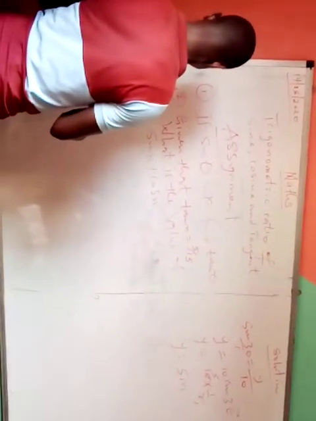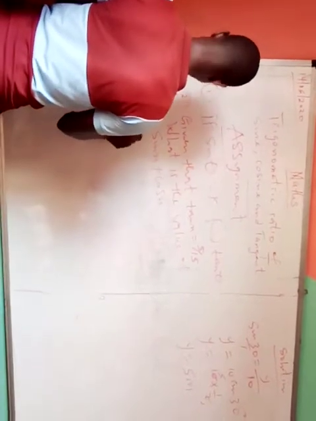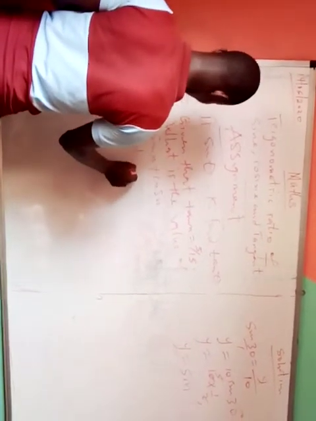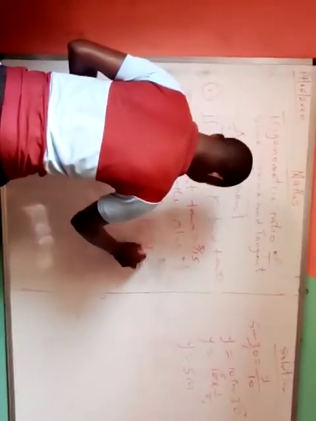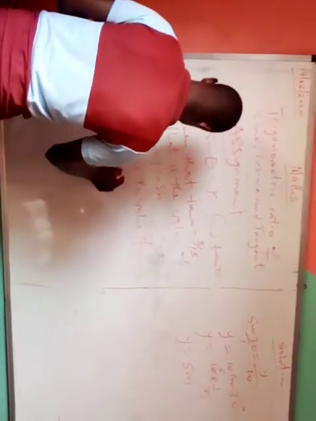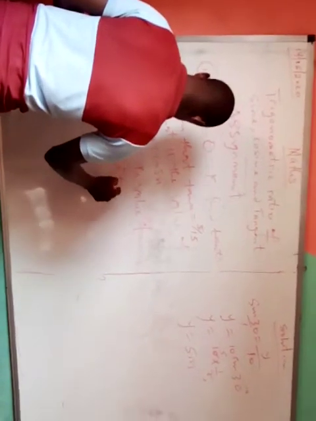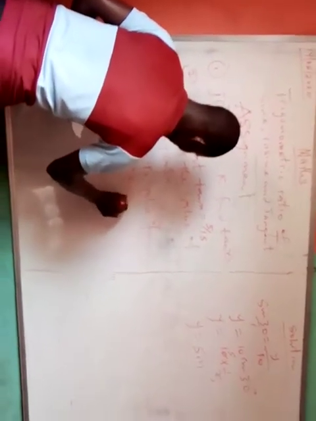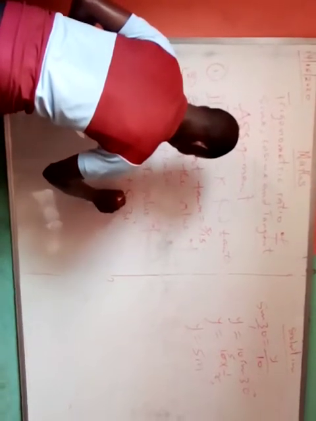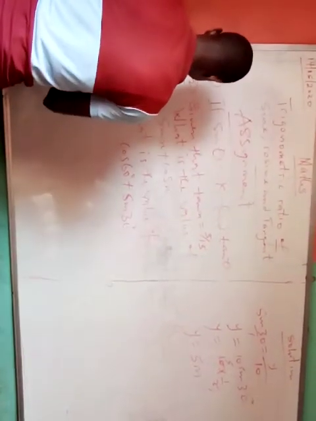Then can I check one or two more? What is the value of cos 60 degrees plus sine 30 degrees?